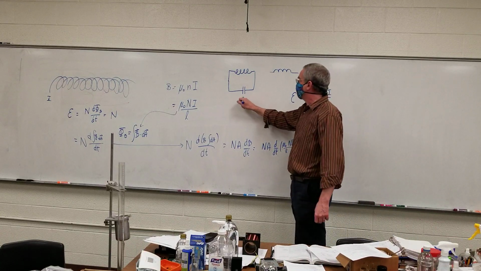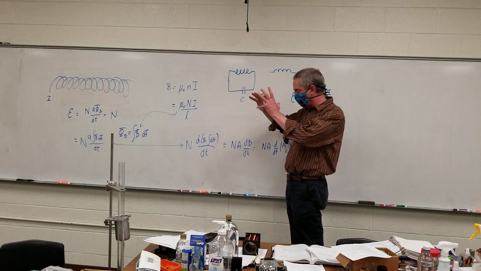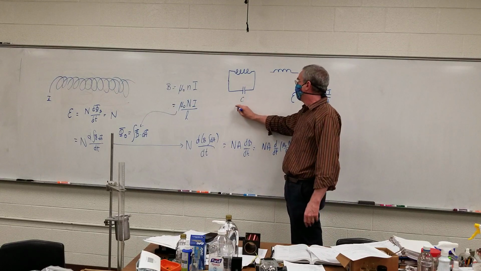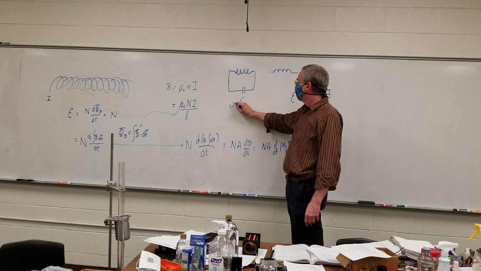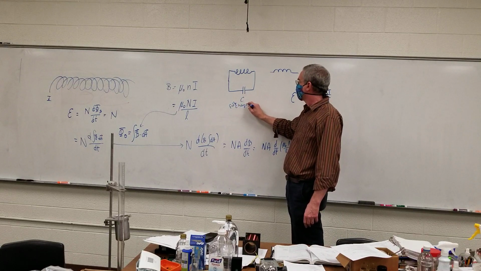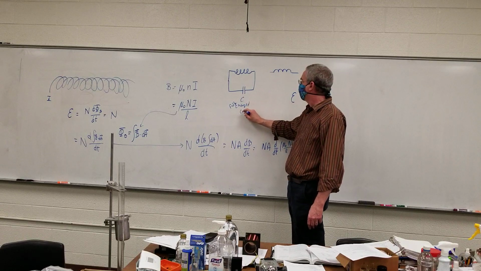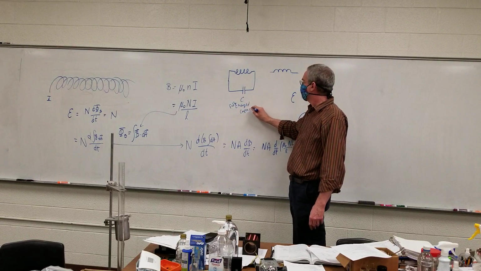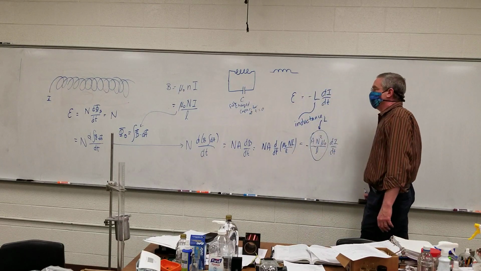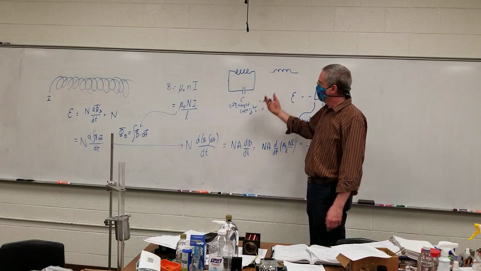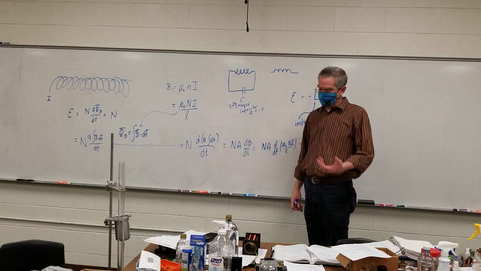So I have a charged capacitor. The capacitor is fully charged at time equal to 0. And the question is, what will the charge on the capacitor be with respect to time?